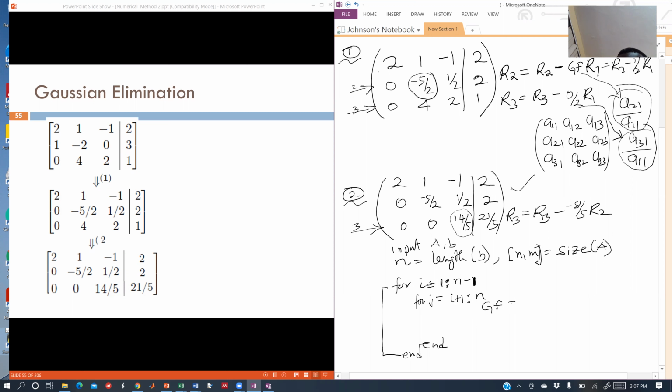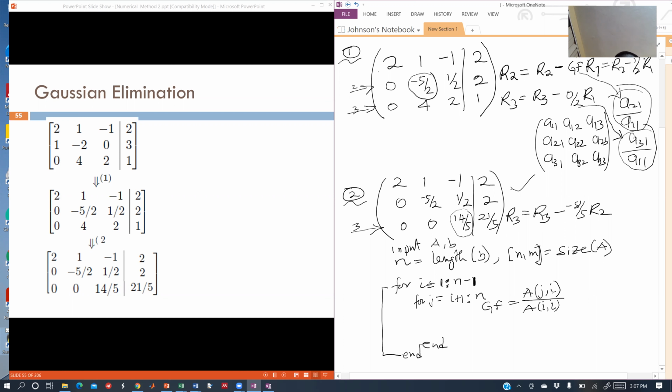And so we can say that the Gaussian factor is computed by A, which is the matrix, A what? A row iteration divided by A iteration. So row is J, iteration is I, divided by A iteration, and that gives us this.